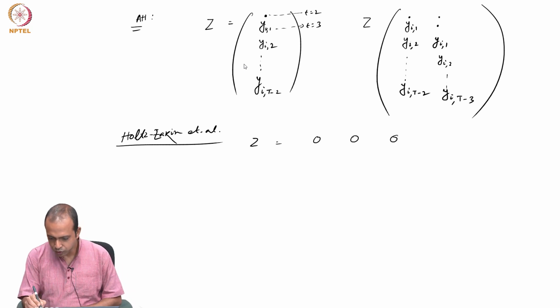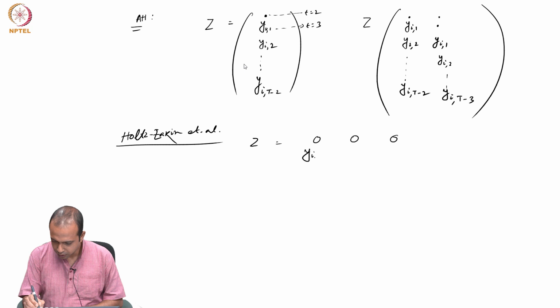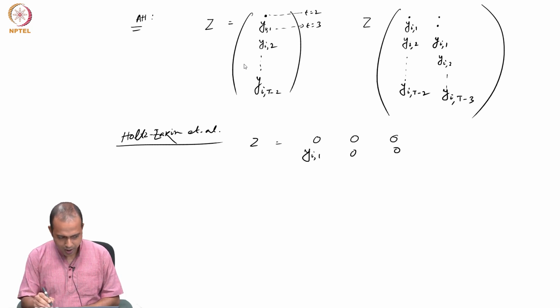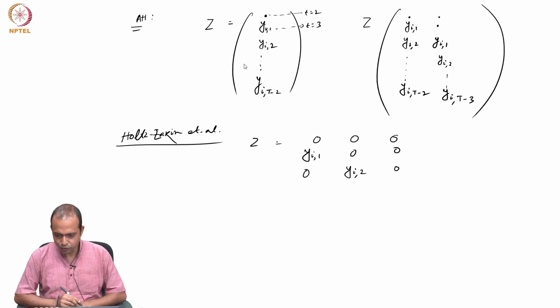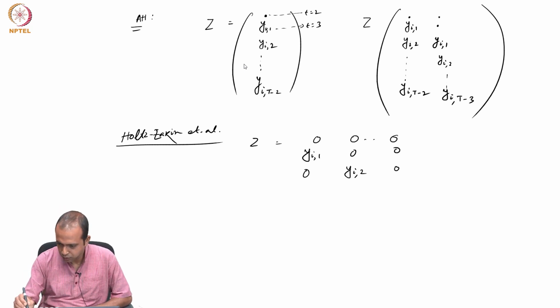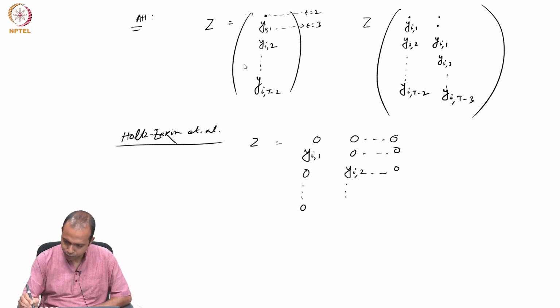So I will take only the second lag as instrument, and all the missing observations will be replaced as 0, and this will become yit minus 2.